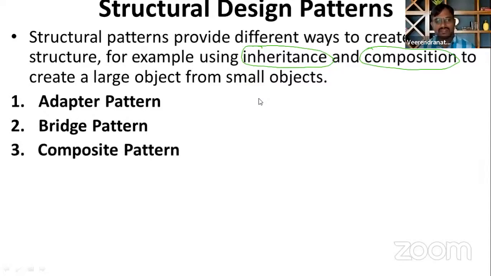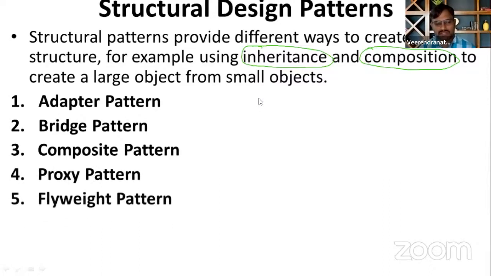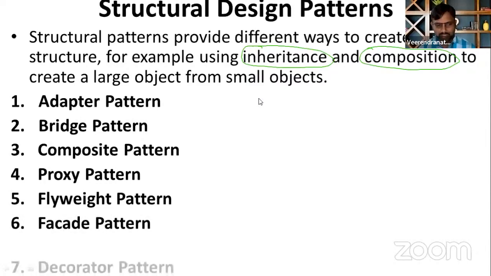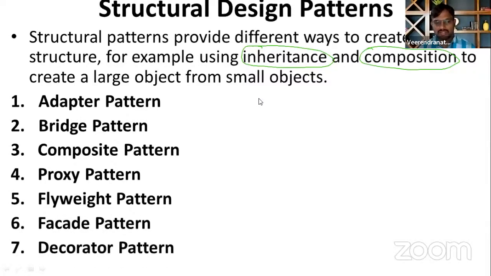The first is the adapter pattern, then the bridge pattern, then the composite pattern. The next available ones are the proxy pattern, flyweight pattern, facade pattern, and finally the decorator pattern. We are most interested in the first 3: adapter, bridge, and composite.